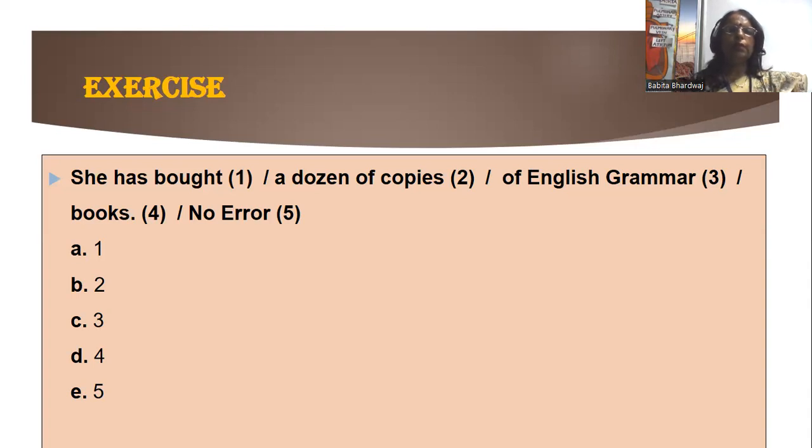A dozen is an indicative of 12 items, right? So here the mention of copies is incorrect. It should be: she has bought a dozen of copy of English grammar books.